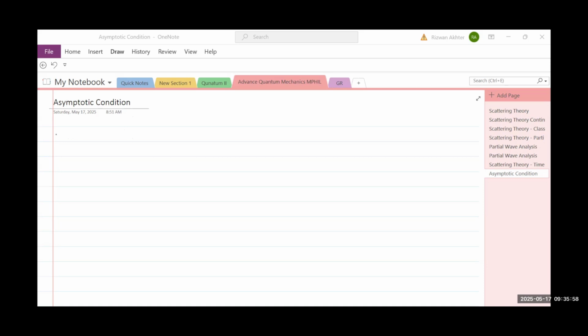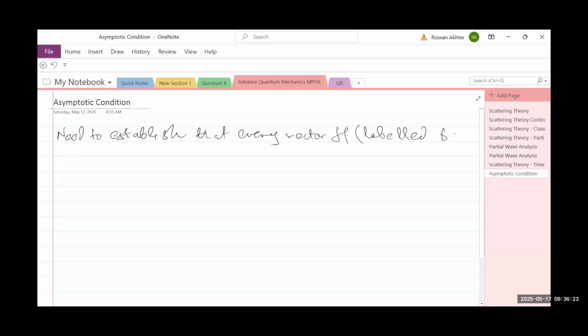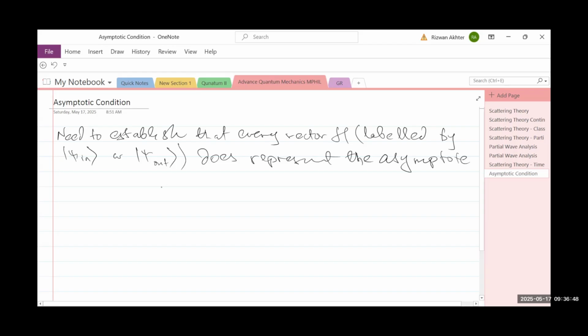So what we need to establish first is that every vector in Hilbert space, labeled by psi in or psi out, does represent the asymptote of some actual orbit.